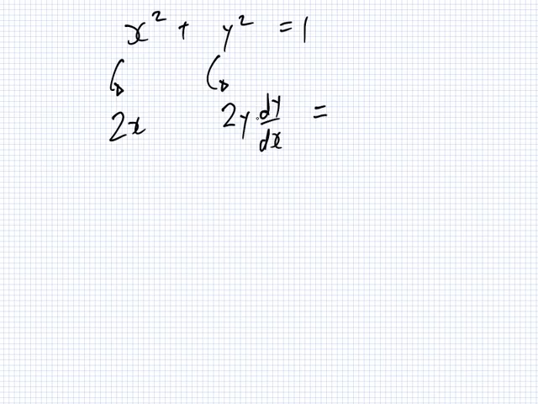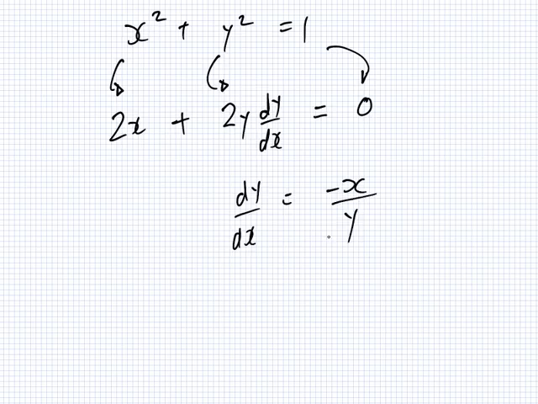This is the rule, because it's a y. And then derivative of 1, 0. So here you get dy/dx equals minus x over y, because I can take this over to the right and then divide by 2y. Isn't that much easier?